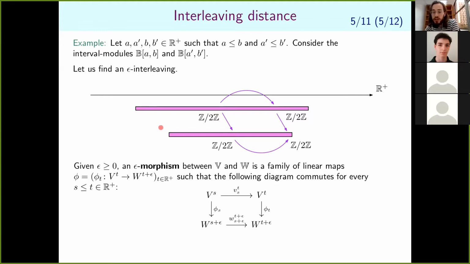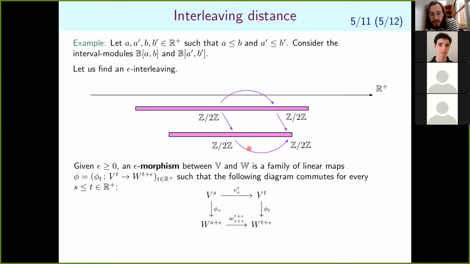So what does it mean to have an epsilon morphism? I have these arrows here, which go from V_s to W_{s+epsilon}. Say first that we stay in the intervals. Each of the four vector spaces is Z/2Z, right?